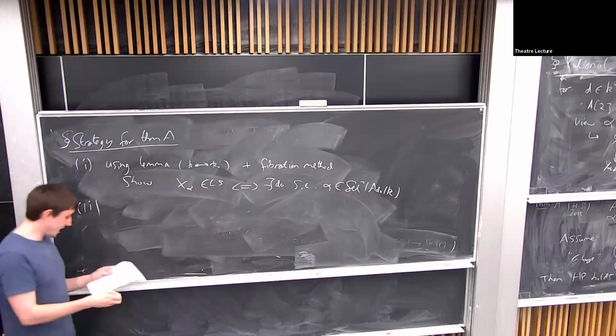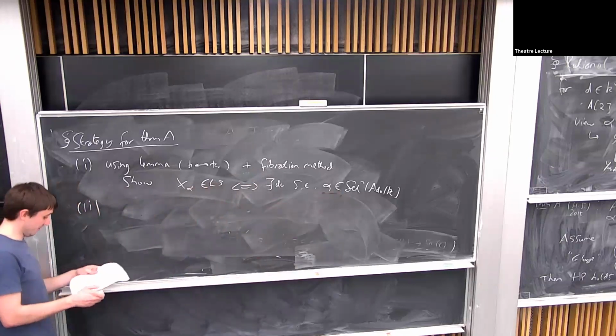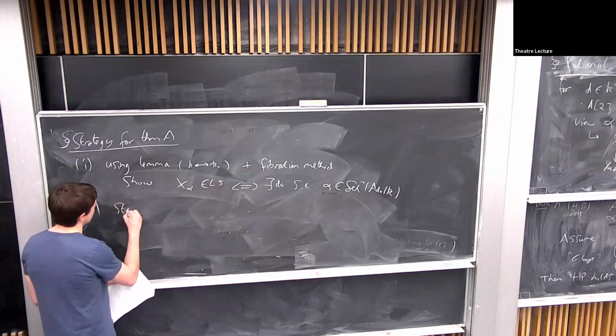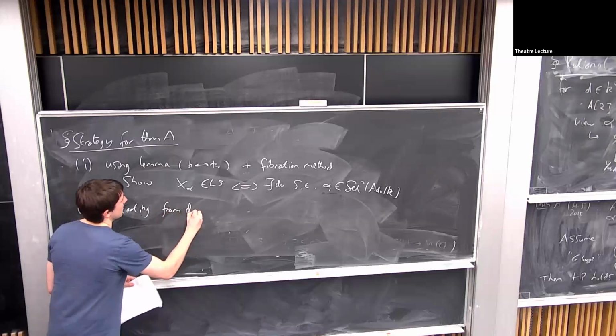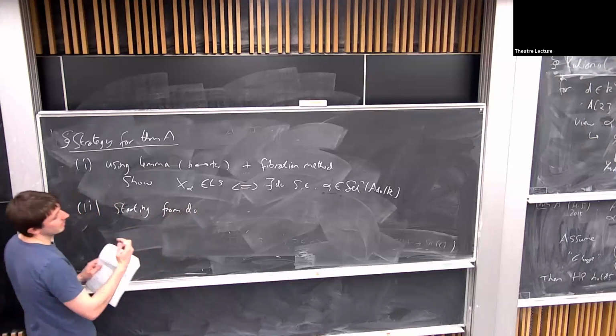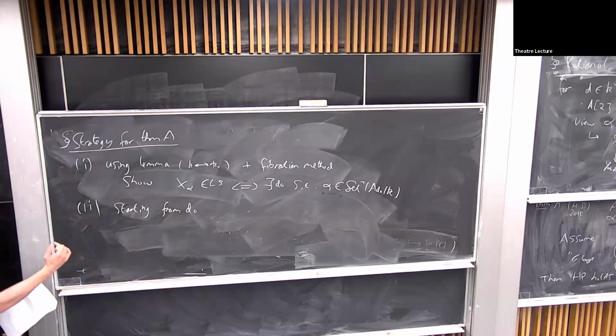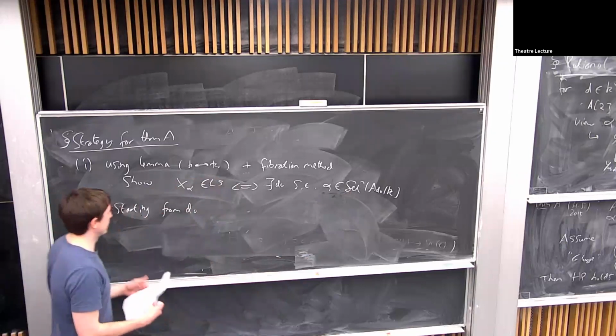Then the second step: you find some twist where this class lies in the 2-Selmer group, and you start from there. The idea is to successively alter this D0 to change, in a controlled way, the 2-Selmer group of the corresponding twist.